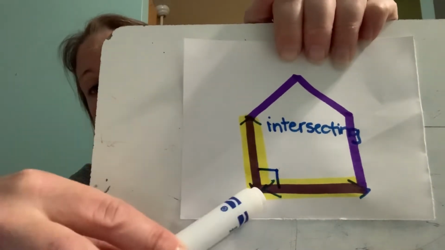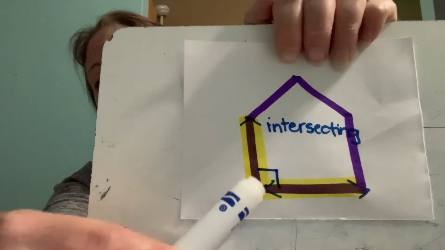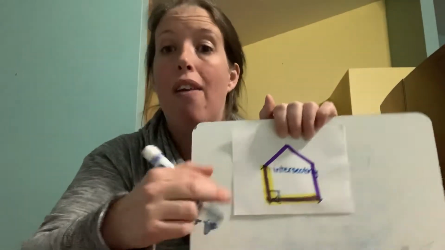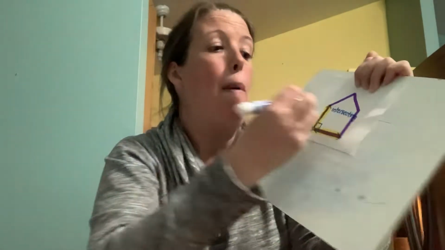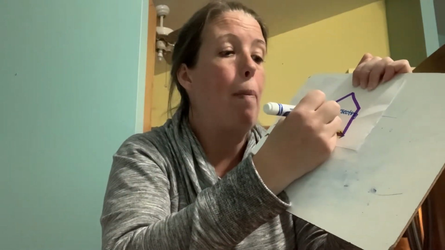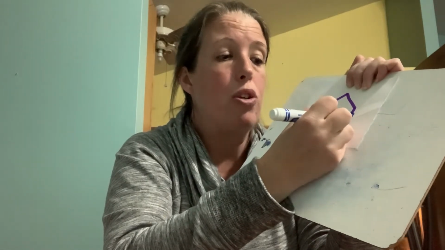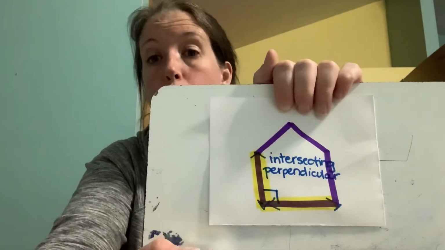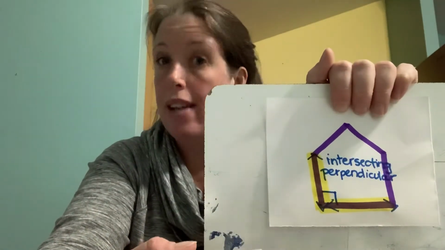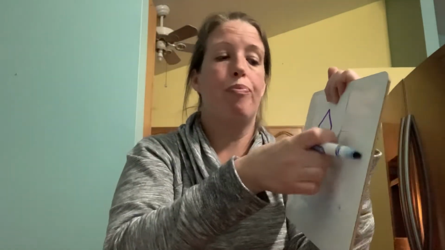And that L shape is my signal that it met at a 90-degree angle. So since it did, not only is this pair of lines intersecting, but they can also be called perpendicular because they intersect at a 90-degree angle. So I can describe these lines in two different ways, intersecting and perpendicular. Okay.